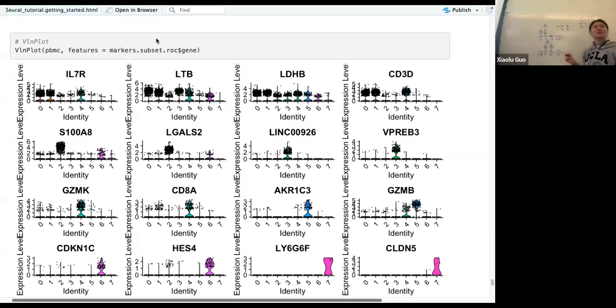C3. Because if it's highly expressed in B, it's either C2 or C3, and it doesn't express A, so it's probably not C2, because C2 should highly express A. So then it's probably just C3.